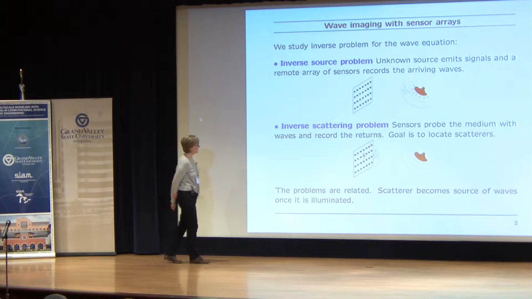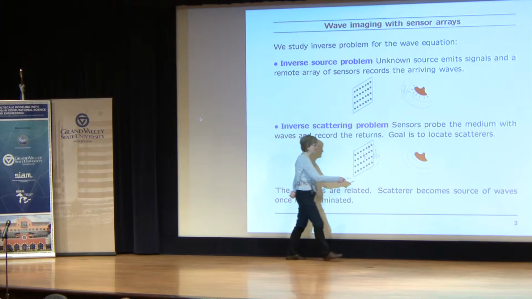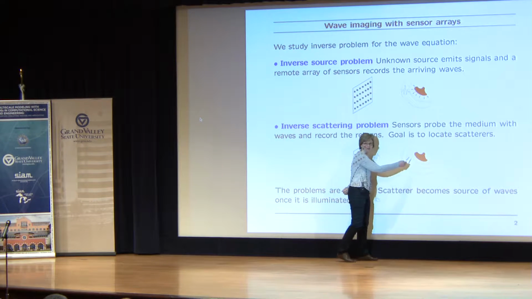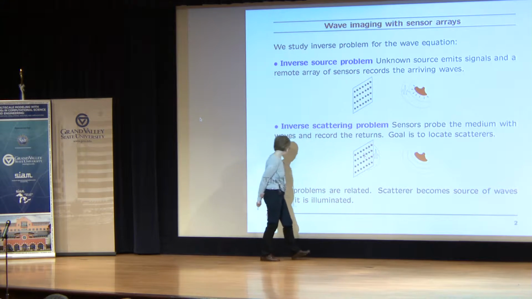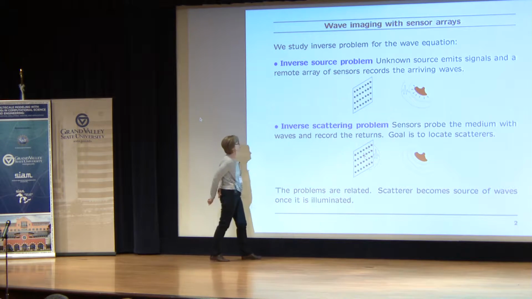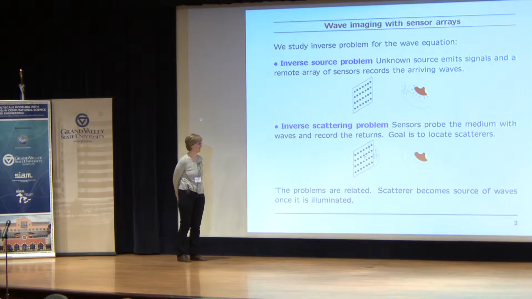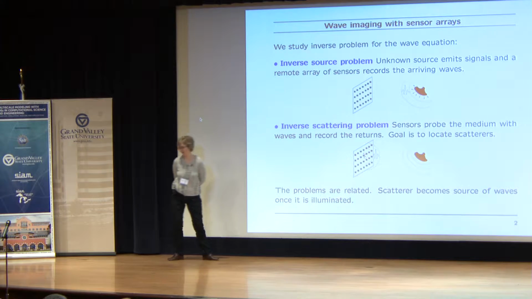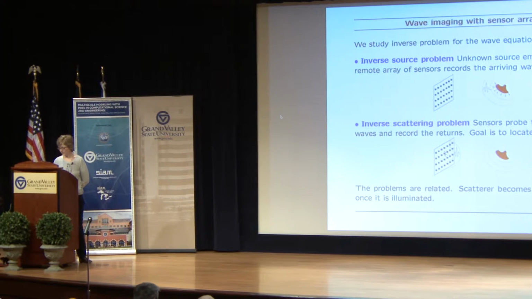The two problems are actually connected because once the scatterers are illuminated, they become sources of waves. So the inverse source problem is easier because it's a linear inverse problem, but in any case, the two problems are connected. Okay, so these are the problems that we look at.